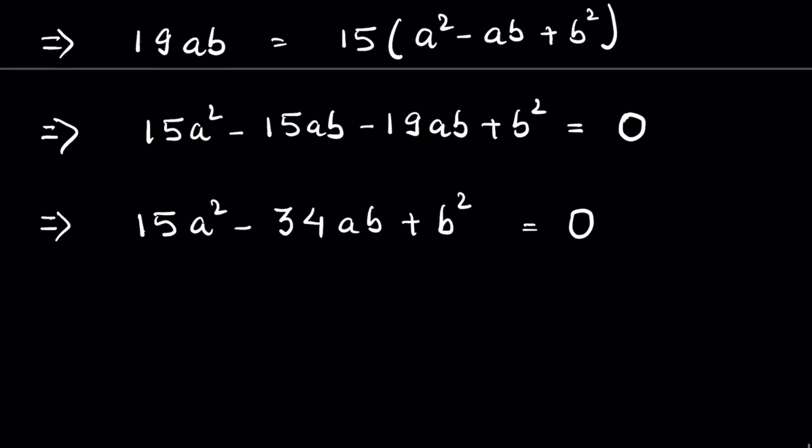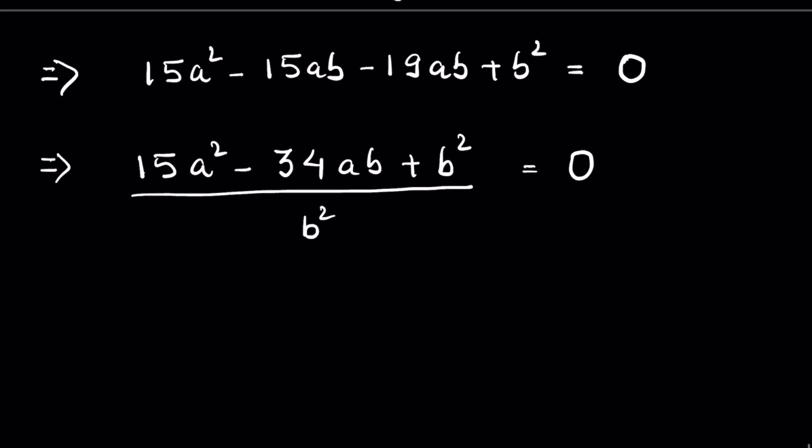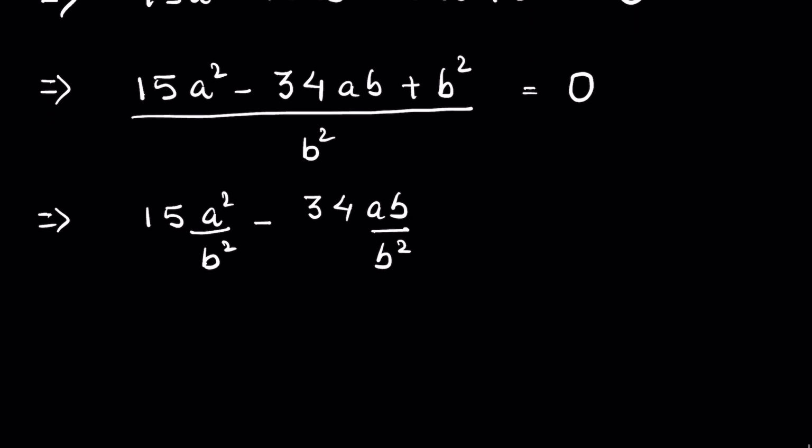Now let's divide it by b square. So we divide it by b square, both the sides, this will be 0 only. Or we can write it like this, 15a square upon b square minus 34ab upon b square plus b square upon b square is equal to 0.